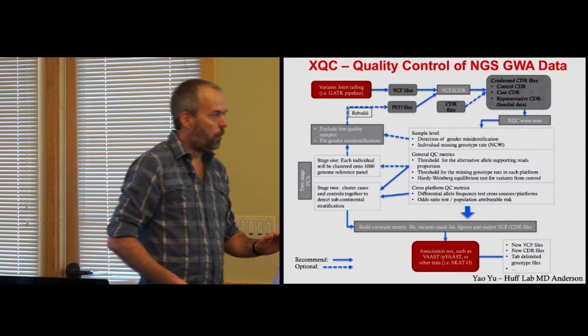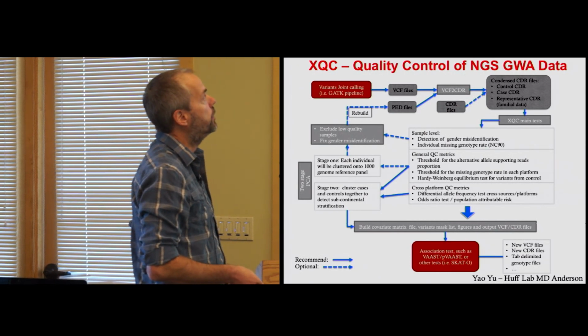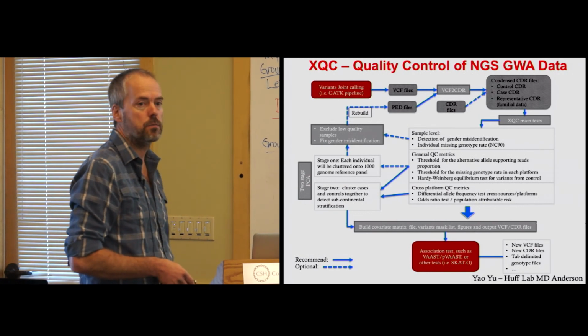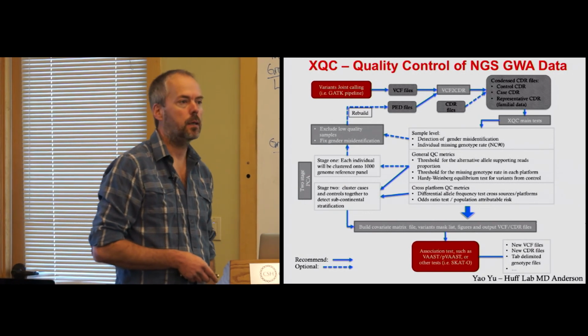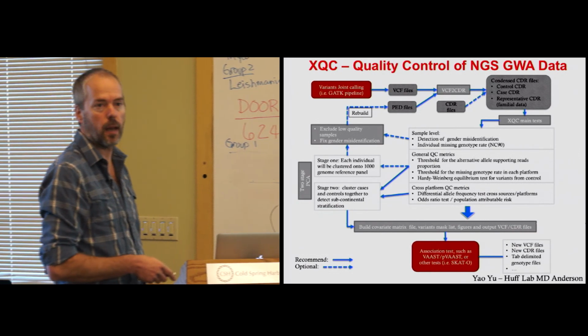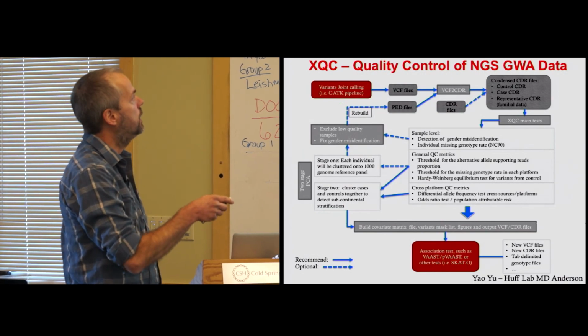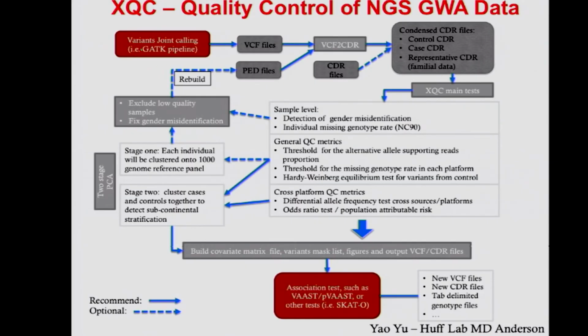I won't go through it in a lot of detail. I'm running a little behind on the XQC package because it's just out, and we haven't even released it yet, so we're not going to work with it in the lab today, but I'll roughly describe some of the things it does. We take jointly called variants in a VCF file from hopefully both our targets and our control genomes, called with GATK or FreeBayes or whatever, and pass them through the pipeline.